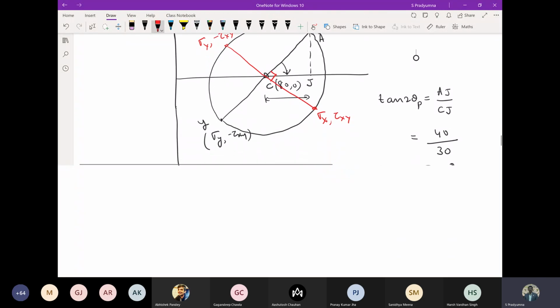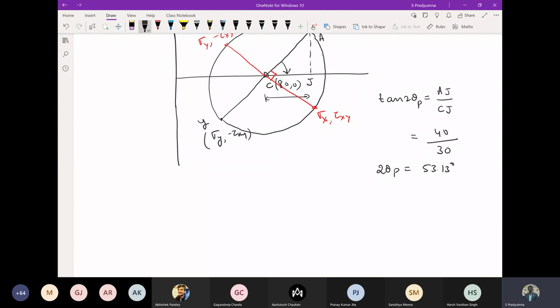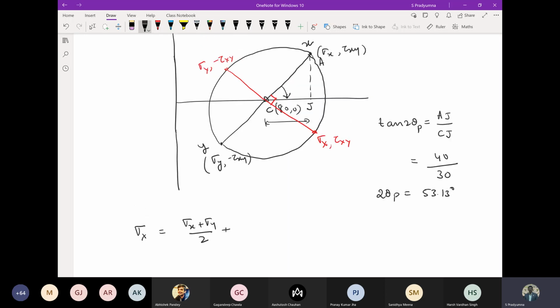Now I can find out sigma capital X is equal to the center, that is (sigma x plus sigma y) by 2, the mean normal stress, plus we have to add this distance here. I can say that this is equal to r cos (2 theta p minus 2 theta).